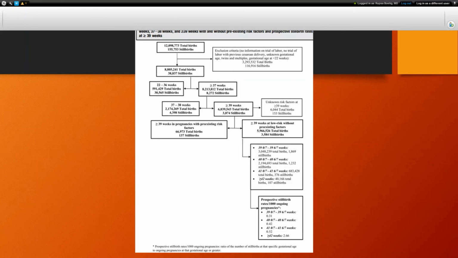Along those lines, these data sets, as you can see from starting with a data set of 12 million, can be unwieldy. And so it's really helpful to work with a mentor like Emily. I know Rodney's done some population data work as well, who are familiar with that specific data set, whether they have the outcome that you're looking for or the coding of the risk factors that you're looking for.